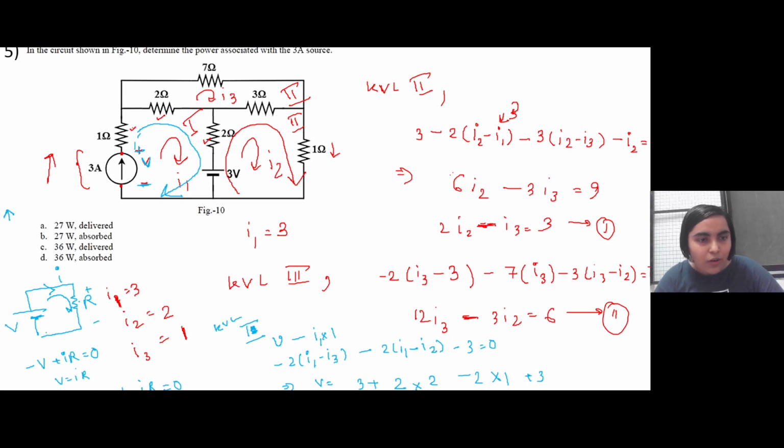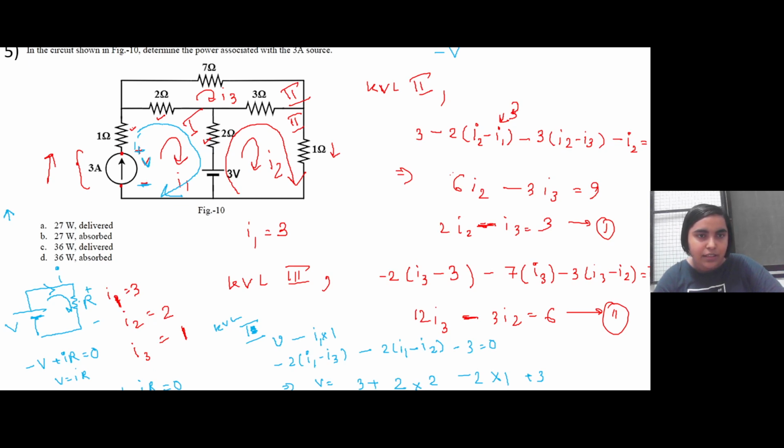It is the same thing, only you are following a different notation. So if, let's say, you are applying KVL here, in this particular loop which I have highlighted using blue, how will you write it? It will be minus V, right, since you are entering through the negative terminal.